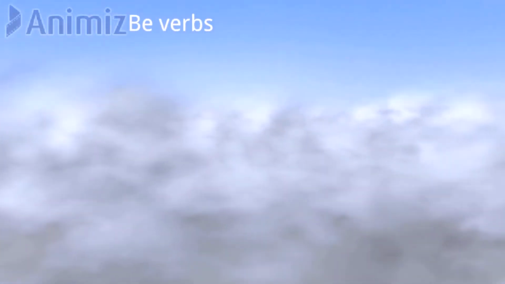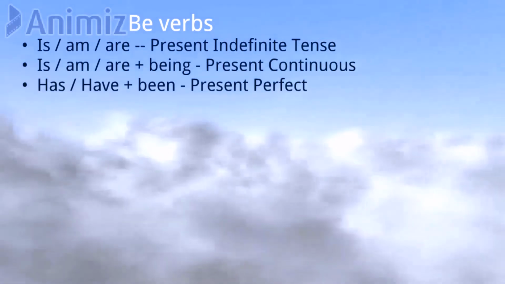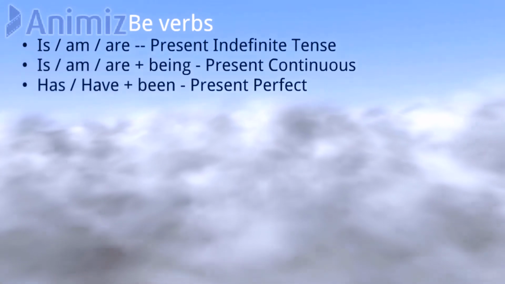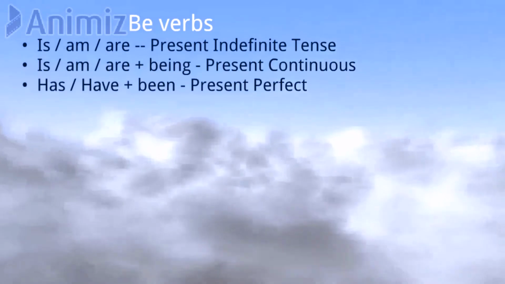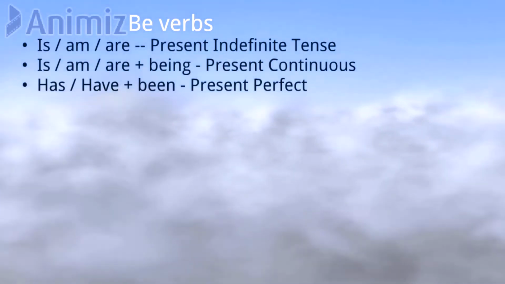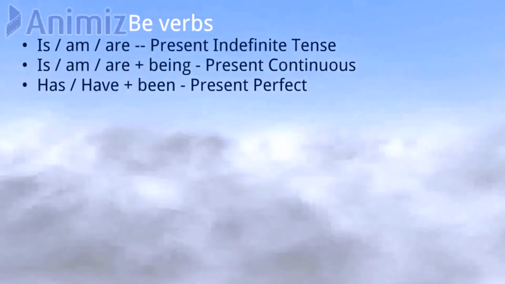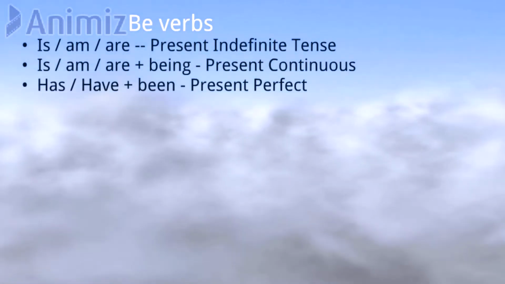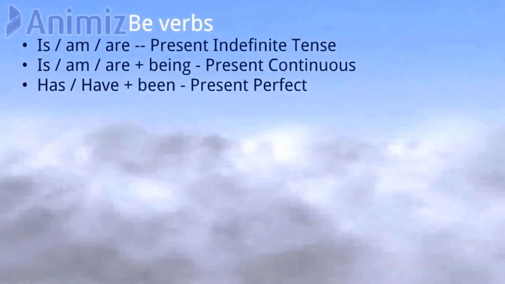When the sentence is in active voice, you have to see the tense of the verb. According to the tense of the verb, you have to use the be forms. When the active voice is in present tense or simple present tense, is or am or are will be used according to subject verb agreement.